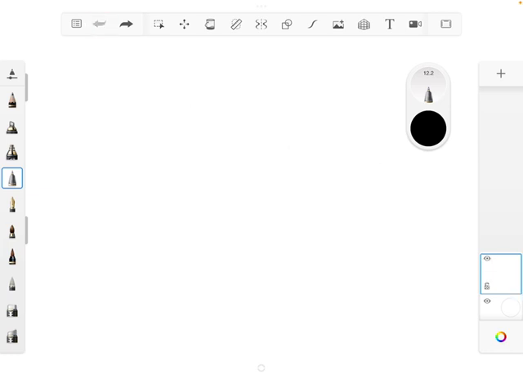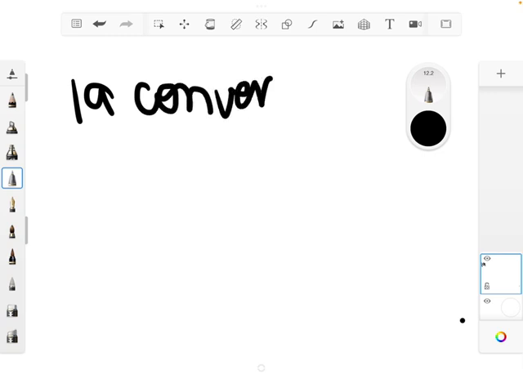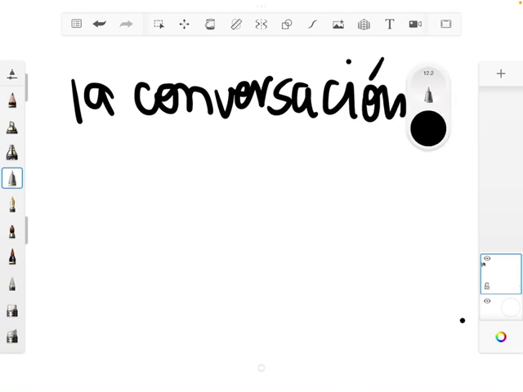Okay, so we have the feminine examples here, and note if you're looking at this, most of these words end in A, and we know that those are feminine. We also have examples of words that end in ción. So, la conversación, okay, ends in that ción.